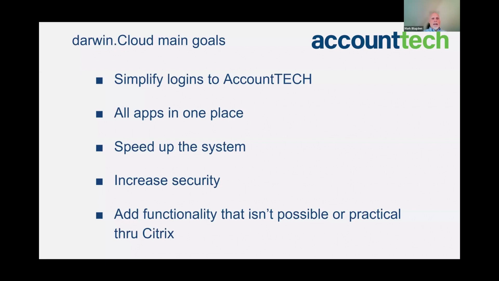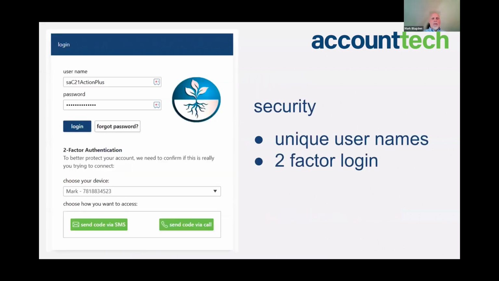So I want to talk a little bit about logins to Account Tech. I want to talk about security, and then we're going to get into the meat of this, which is functions and features that we simply couldn't do. It technically wasn't possible or practical in Citrix. That's really the main goal of today. So now we've got this two-factor login security.